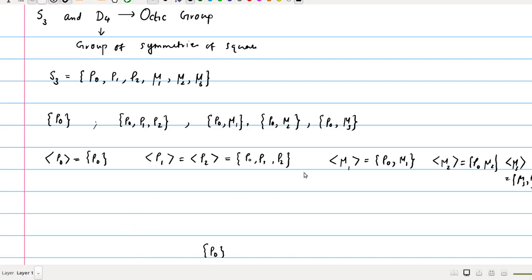Since these subgroups have two elements each, we place them in the next higher level: the subgroups generated by mu1, mu2 and mu3. Next, the subgroup generated by rho 1, or by rho 2, consists of three permutations, so that can be placed in the next level.